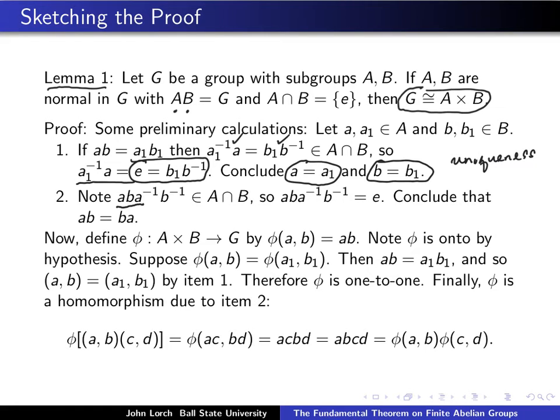Remember, B is a normal subgroup of G, and so that means that A times B times A inverse is again in B. And so when I multiply that thing times B inverse, I again get something in B. So I know that that product of stuff is in B.